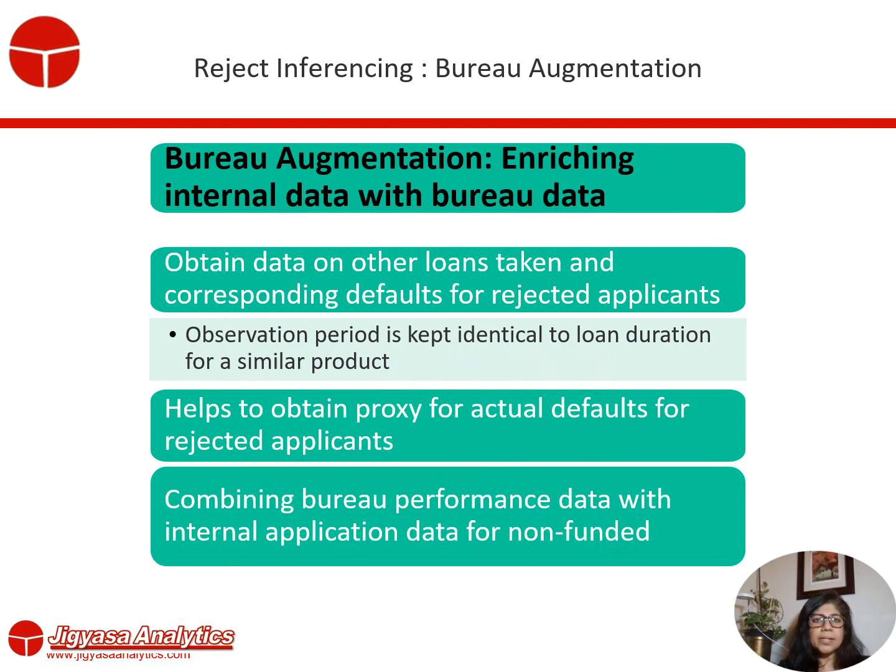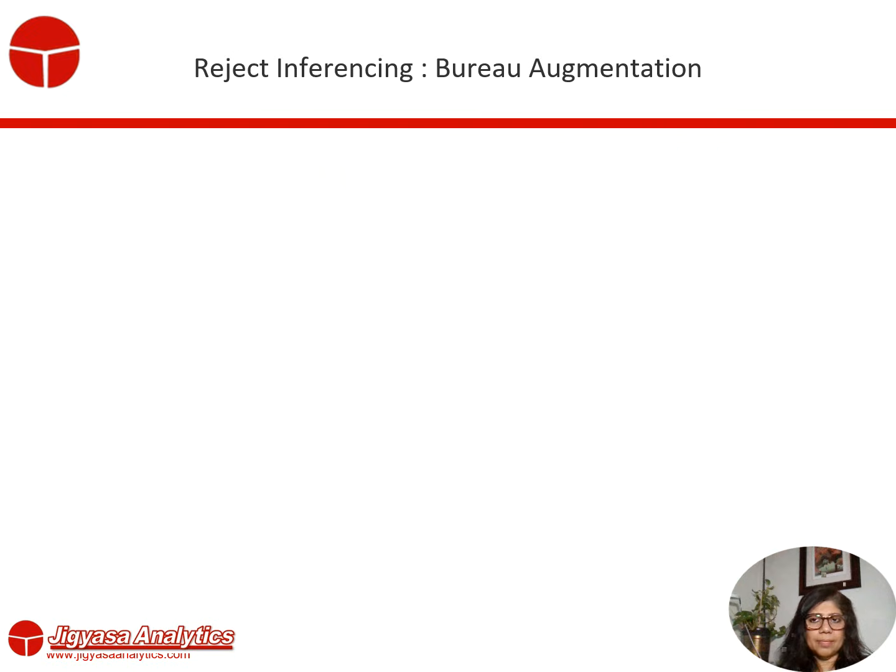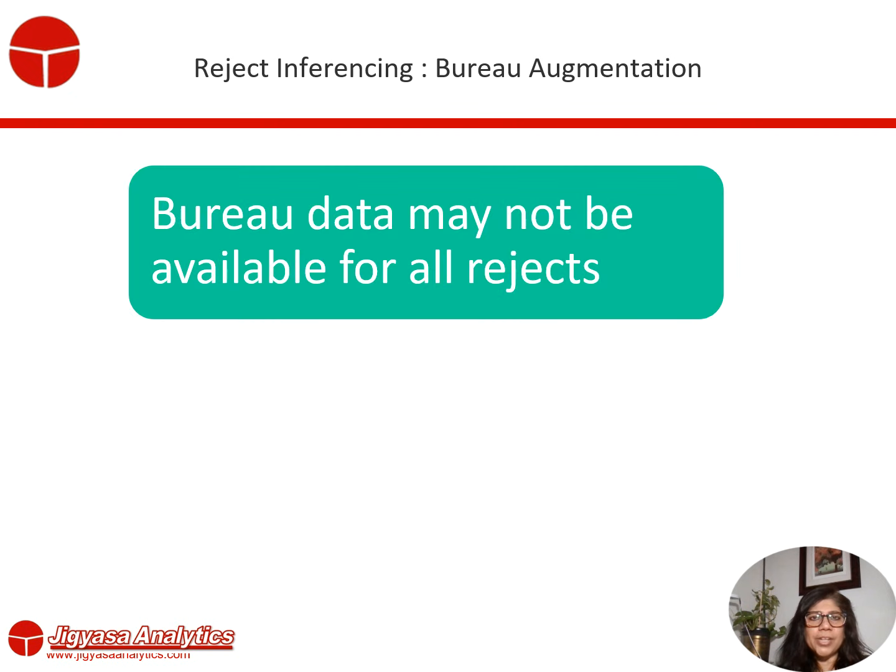Combining our internal data for the accepted population with external data for the rejected population makes our dataset more complete and reduces bias. However, bureau data may not be available for all rejected applicants as they may not have obtained loans from other lenders during the same observation period.